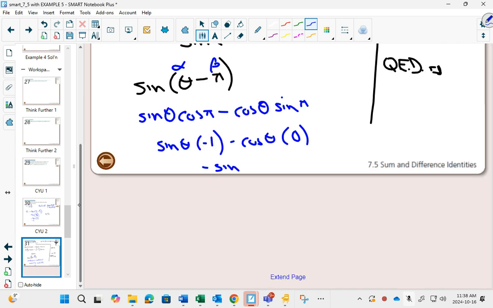So I find out that it's equal to negative sine theta. And that was one of the options on the multiple choice. But instead, where we were at in chapter 6 is we would have graphed this and said, if I took the sine graph and I moved it pi to the right, it matches up with the negative sine graph.